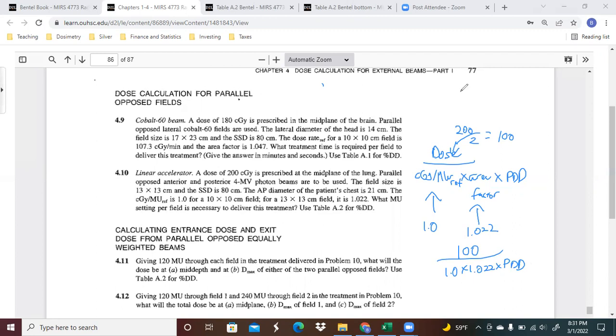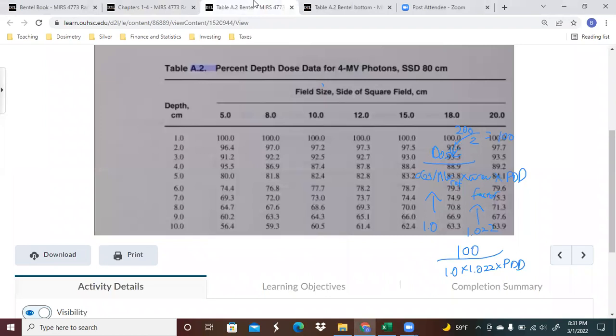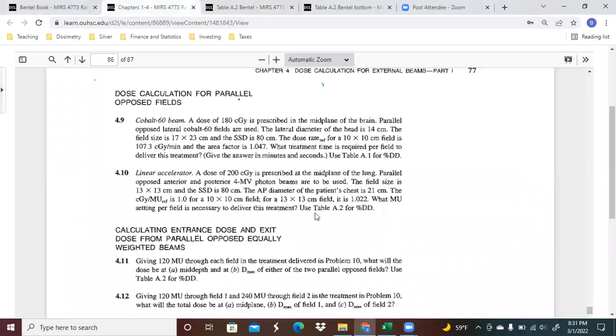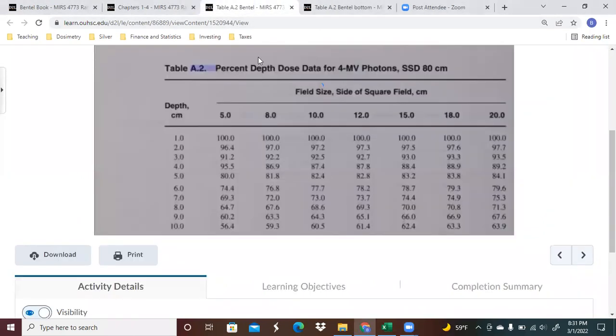Well, this is where things get a little tricky. I'm going to erase all of this here; I can recreate it. So what do you need to take away here? We're using a 13 by 13 field, and we don't have a 13 by 13 square field on this table.